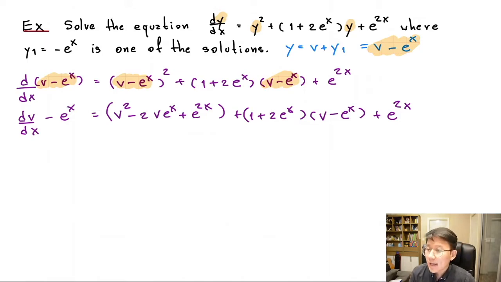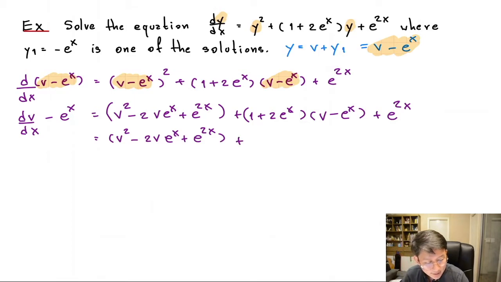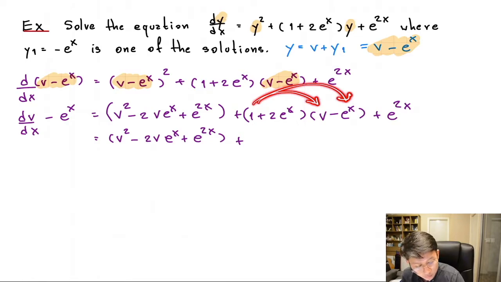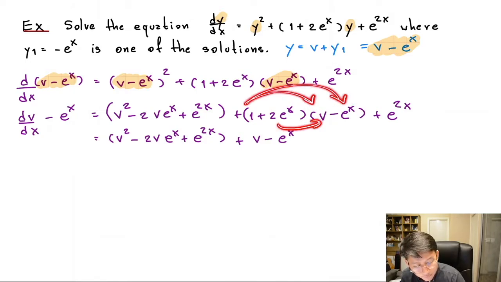Then we look at these terms, which are v squared minus 2v e to the x plus e to the 2x, plus, and then I look at this term first, which is v minus e to the x. When you want to multiply that, you need to do it this way, like 1 2 3 4.